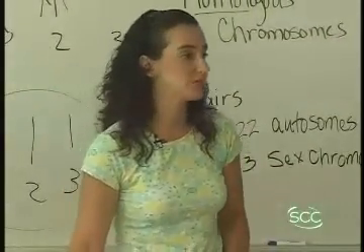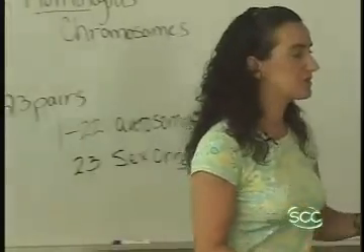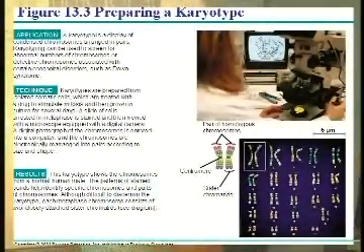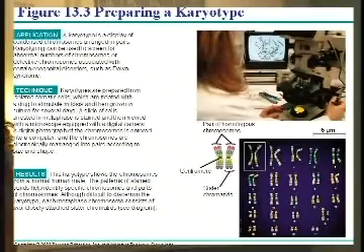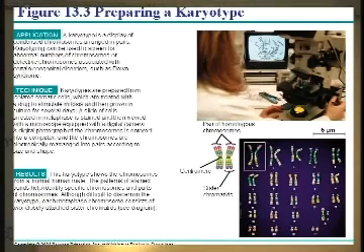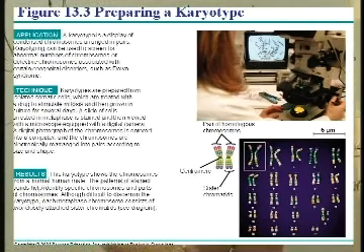A karyotype is used whenever they're interested in looking at some kind of genetic disorder, or if you have a history of, for example, cystic fibrosis in your family, which is a genetic disorder. It can be very serious if you have a child with cystic fibrosis. So what they can do is look at a karyotype.